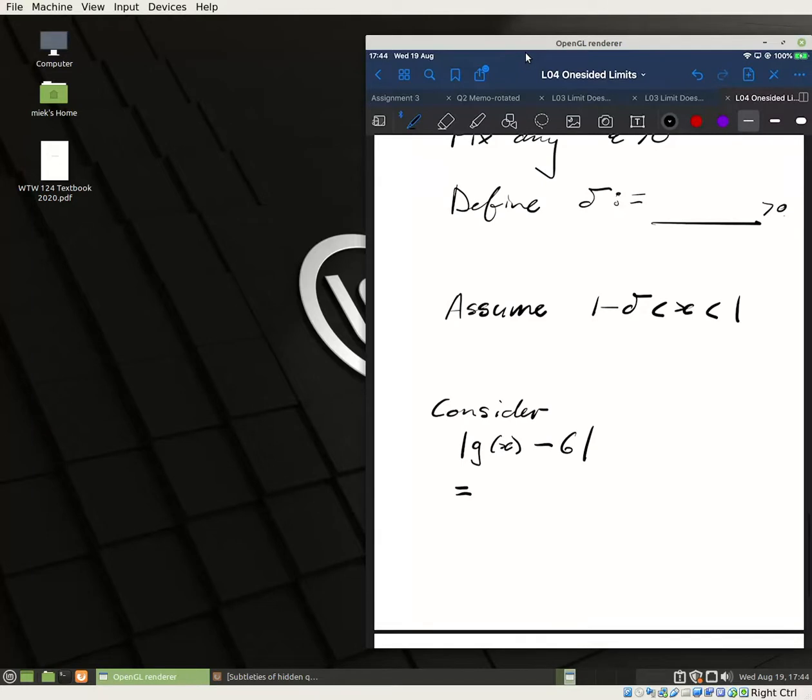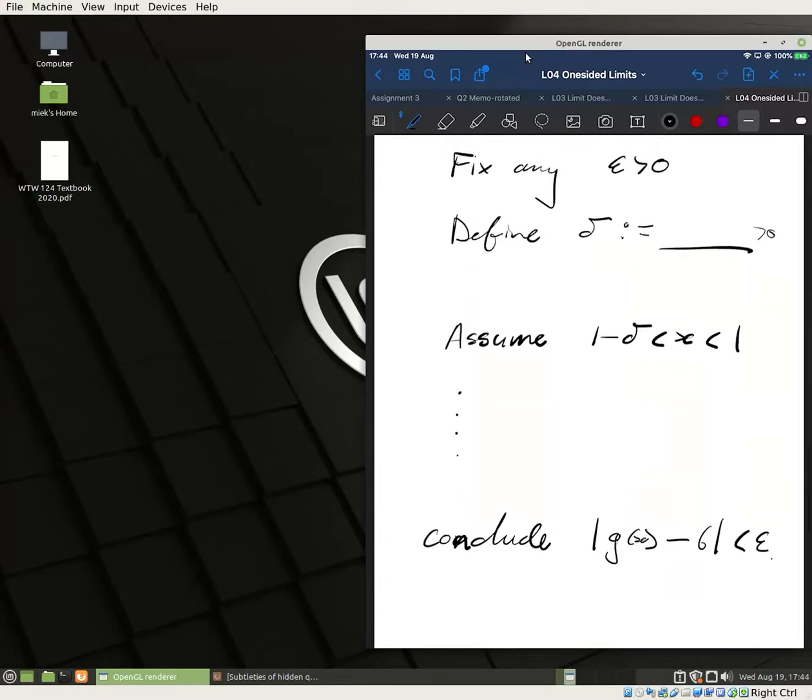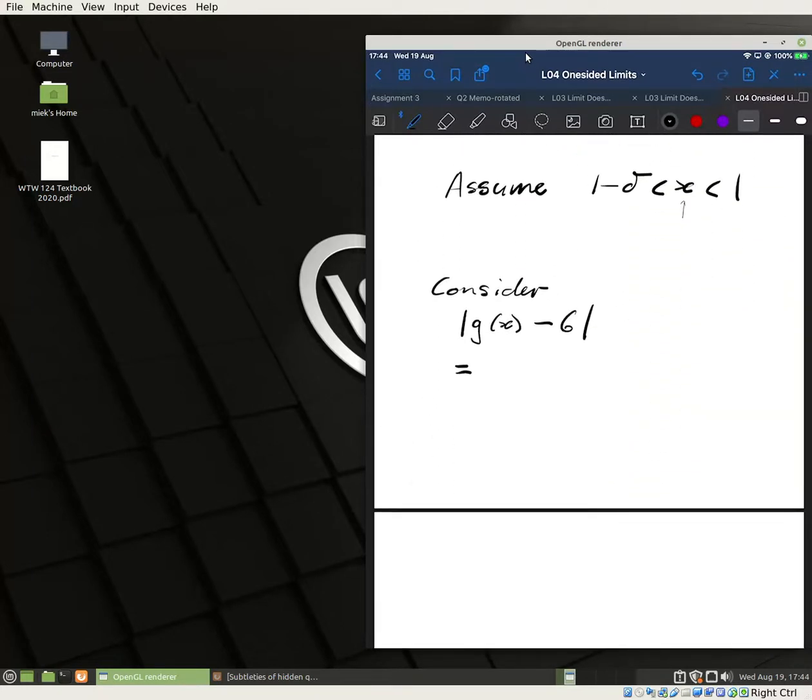X we've assumed to be to the left of 1. So g takes on the value to the left of 1 of x squared plus 2x plus 3 minus 6. Let us simplify that. X squared plus 2x minus 3, and that factorizes as follows: x plus 3 and x minus 1 in absolute value.